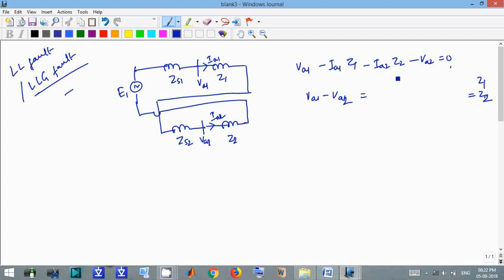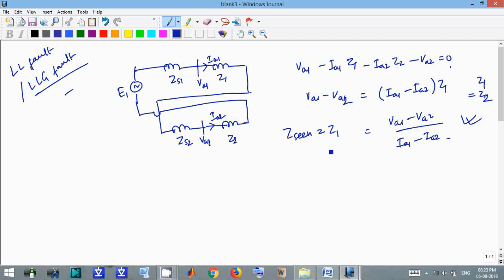If we take common Z1, this will be IA1 minus IA2 times Z1. So our Z1 seen equals VA1 minus VA2 divided by IA1 minus IA2. This formula is for all types of line to line fault and double line to ground fault.